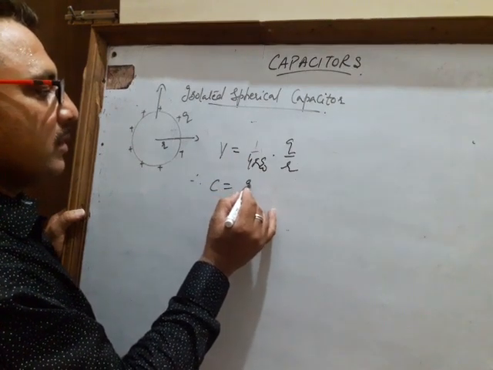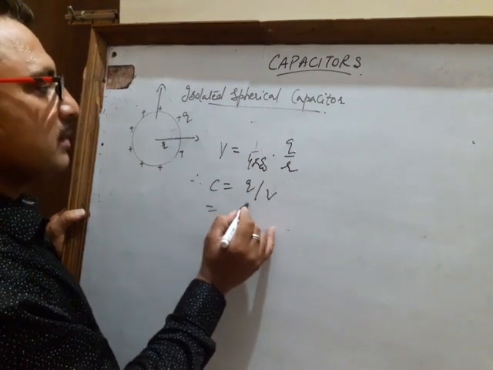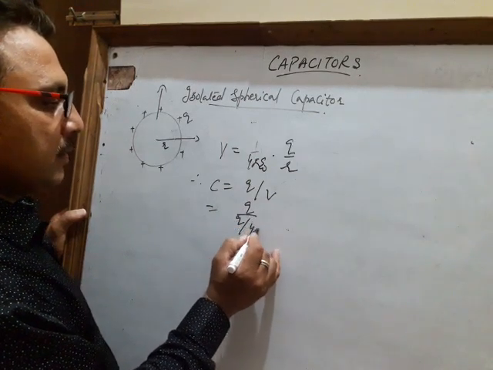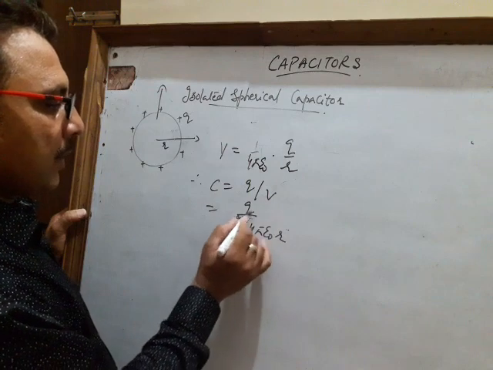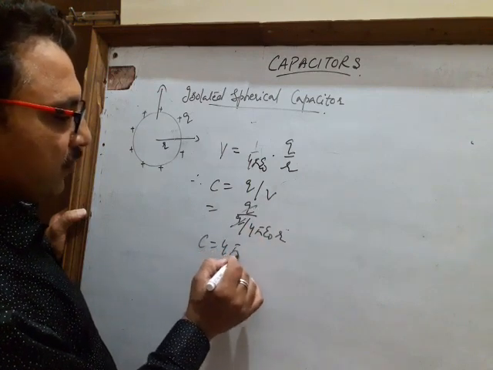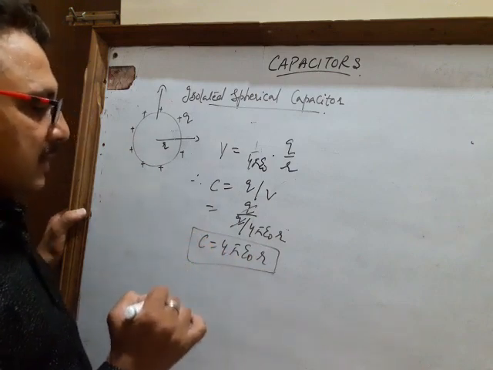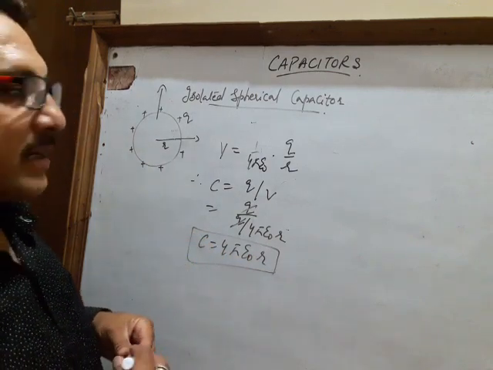C equal to Q upon V. So C equal to 4 pi epsilon naught R. This is what we call the capacitance of an isolated spherical conductor.